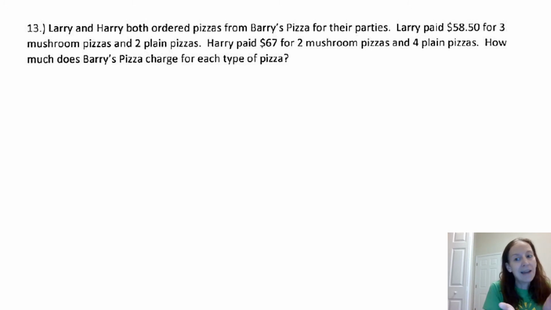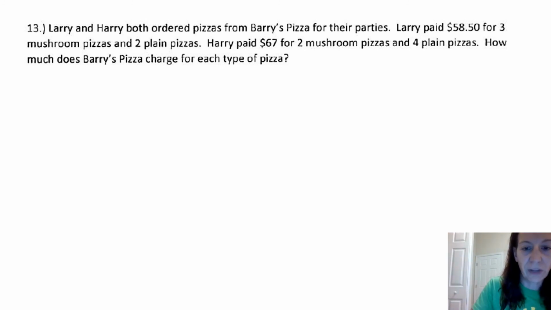But it's not a bad problem to practice writing equations, solving equations, so that you have those skills in place for when you get to like physics and you have real problems where you have to solve a system. And so we're going to do it anyway, but feel free to roll your eyes and say, this is really stupid. Barry's Pizza has a menu. Because he does.